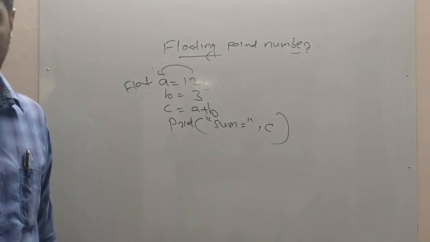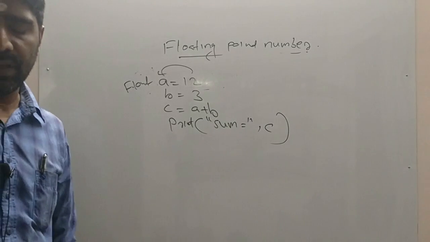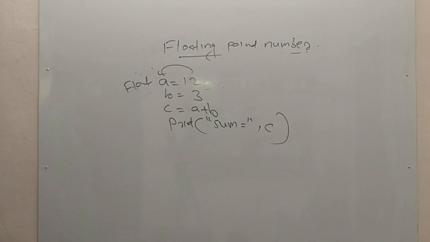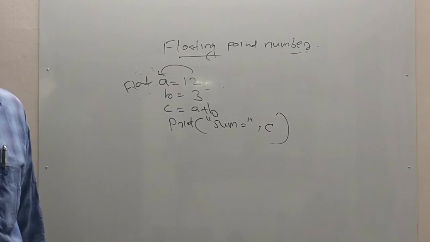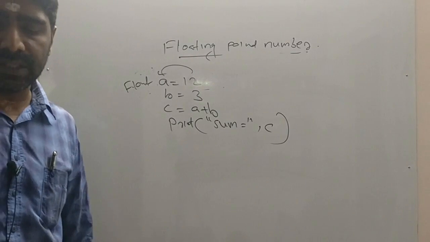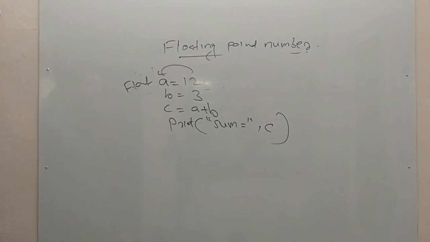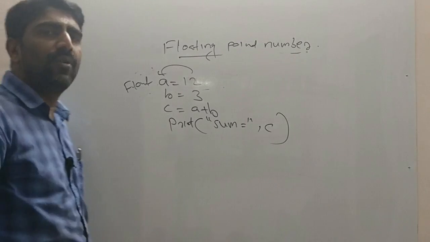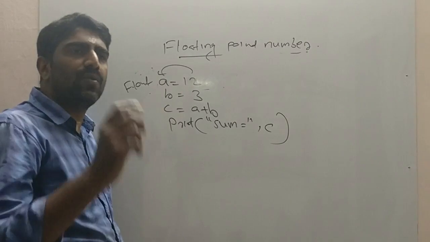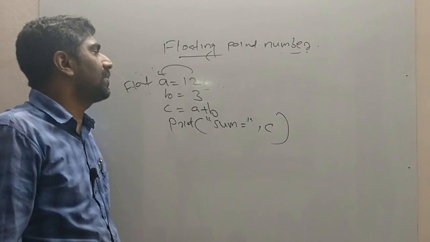Floating point values have some advantages over integer values. The first advantage is that they can represent values between integers.